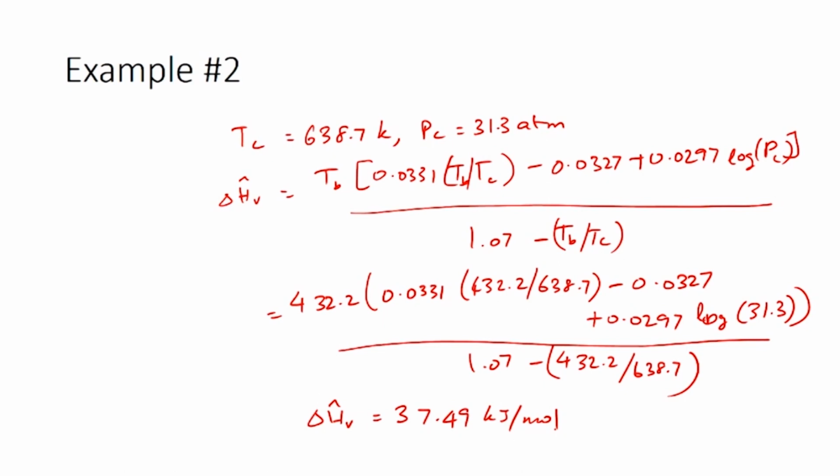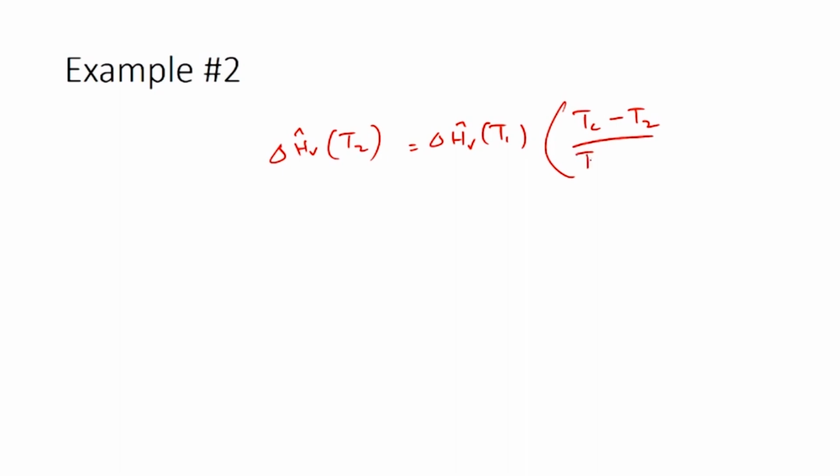The next step is to calculate the heat of vaporization at 100 degrees Celsius. For this we use Watson's correlation: delta H cap V at temperature T2 equals delta H cap V at temperature T1 times critical temperature minus T2 divided by critical temperature minus T1, to the power of 0.38.